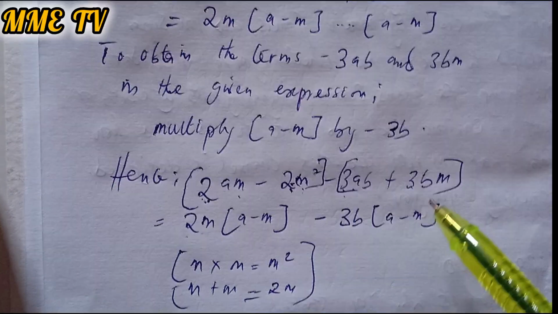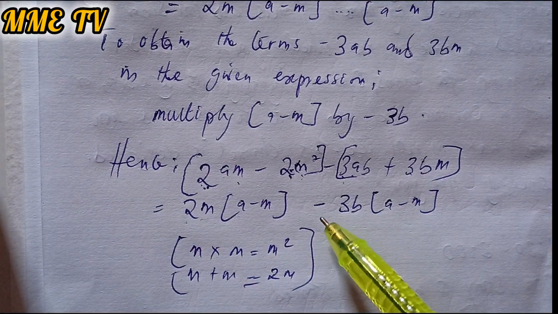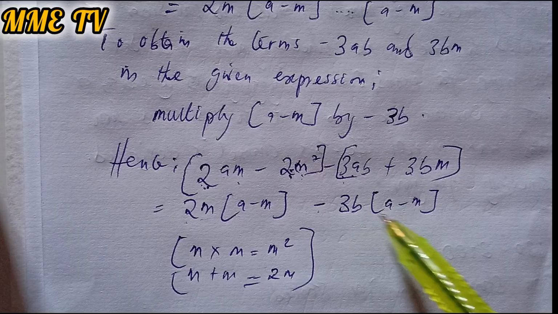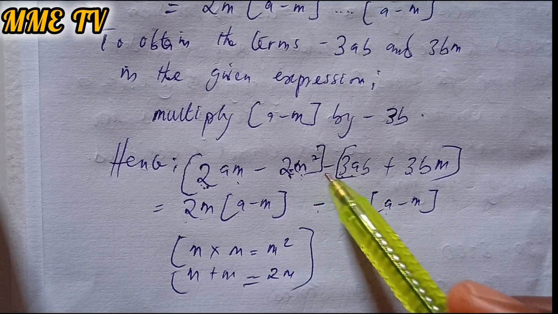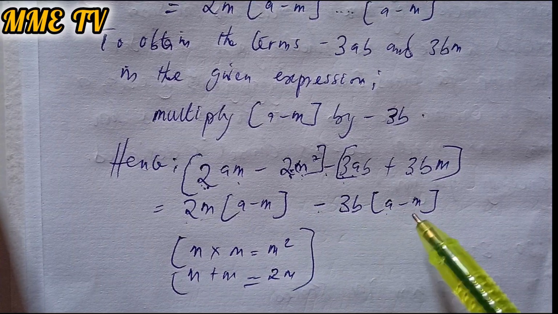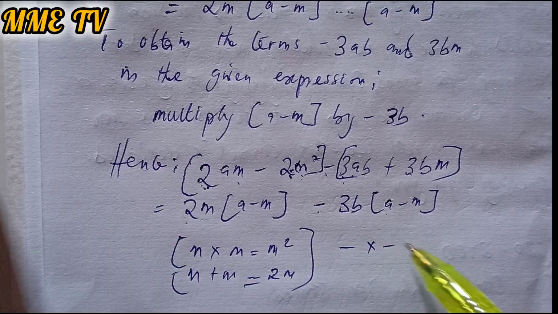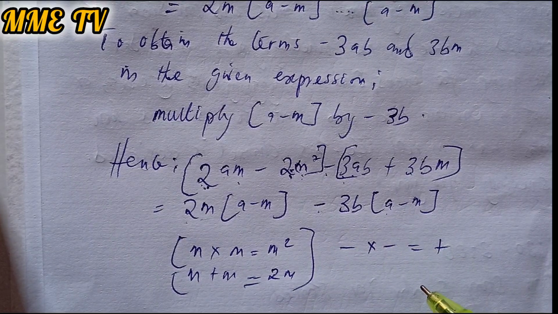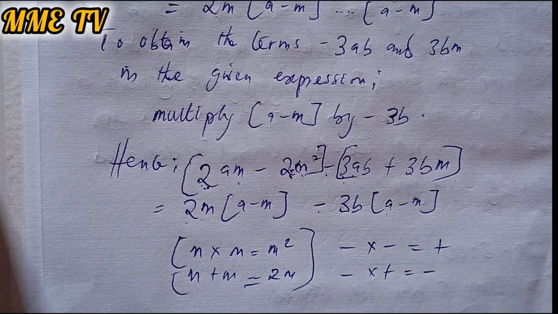Then at this particular point in time, I also still said something here. I said that minus 3b multiplied by a is going to give us minus 3ab. Again, minus 3b multiplied by minus m, because if minus should multiply minus, we'll have a positive sign. You understand? But if minus should multiply a positive sign, we'll have a negative sign.